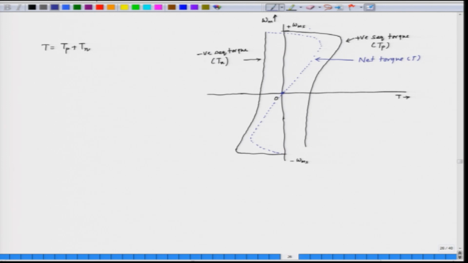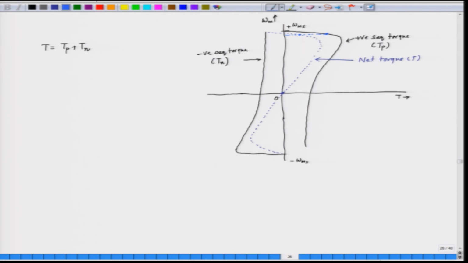Suppose the motor was earlier running at a certain speed. Let us say that the motor was running earlier at this speed, this is the operating point of the motor before it was single phased. Now the motor is single phased here, so the torque will drastically reduce, because corresponding to this speed, the single phase machine will be developing this torque.